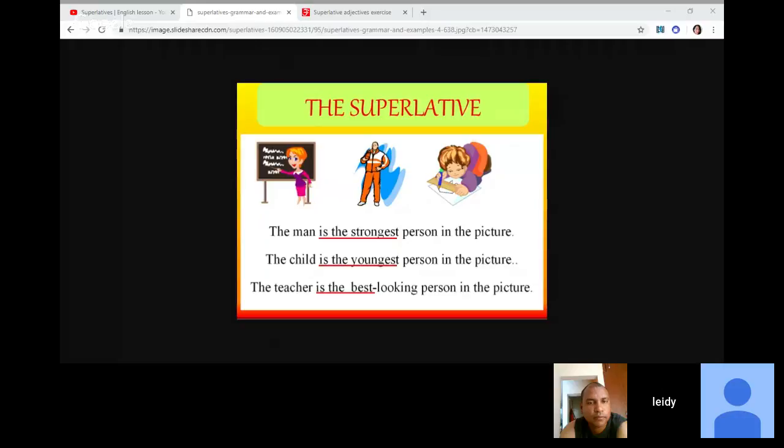Now, I have a little exercise about the superlatives. First, you say a few sentences using only the comparative, and later the superlatives, okay? Okay.